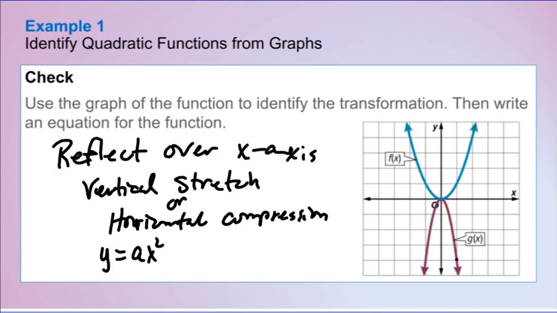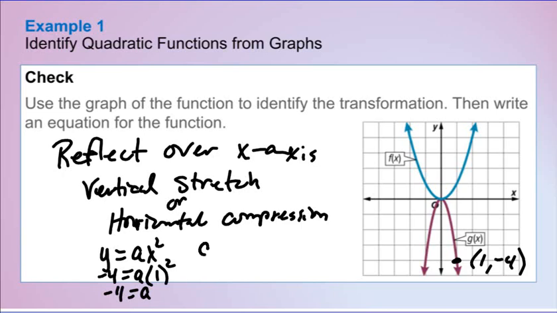So here I'm going to choose this point right here, which is 1 and 1, 2, 3, 4, negative 4. So if I put those numbers in, my x is 1, and my y is negative 4. 1 squared is 1. 1 times a is a. So a is negative 4.